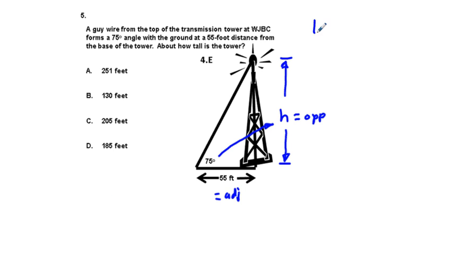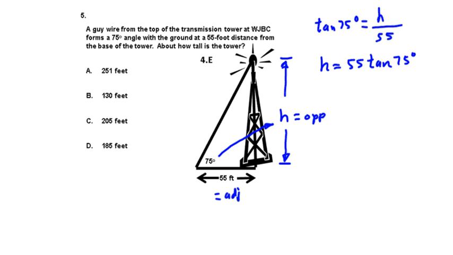So we have tangent of 55 degrees is equal to H over 55 feet. Except I got that wrong, didn't I? It's tangent of 75 degrees. Okay, that looks better. So cross multiplying, H is equal to 55 times the tangent of 75 degrees.